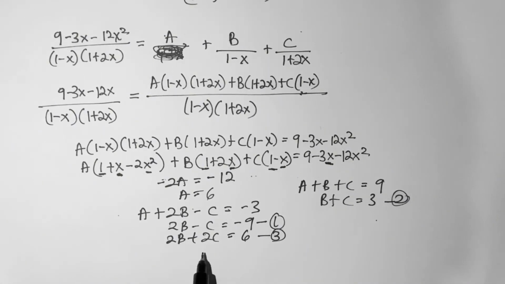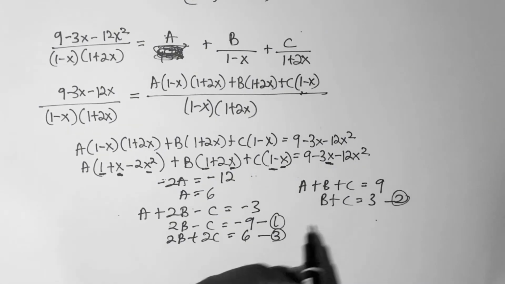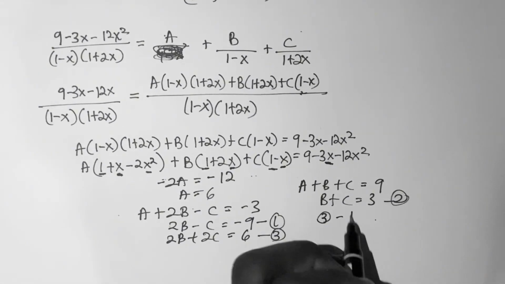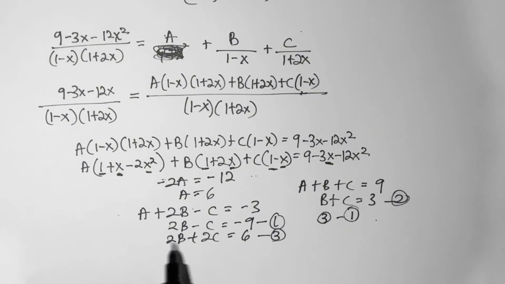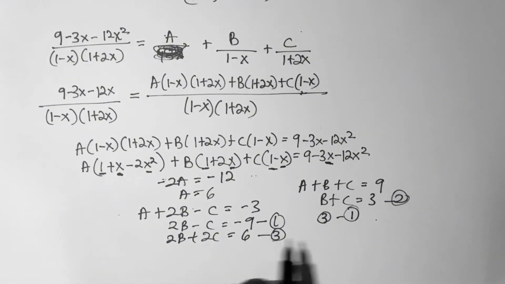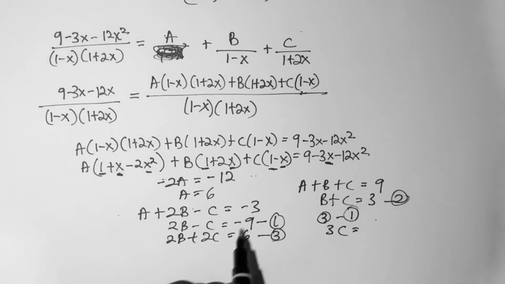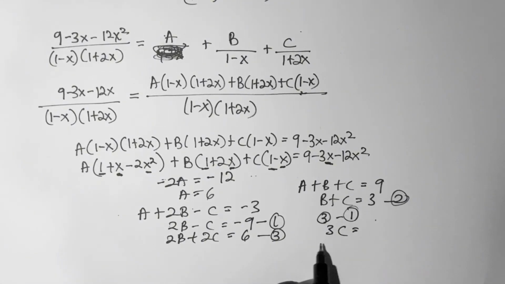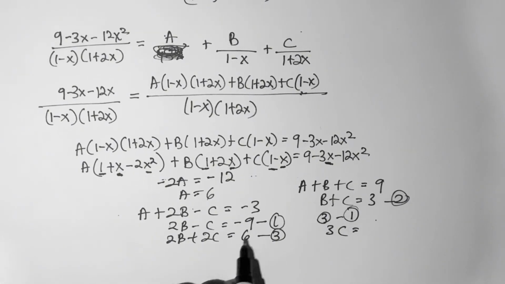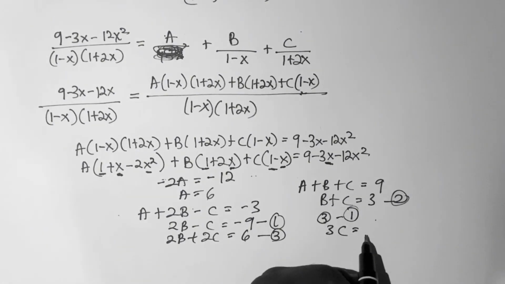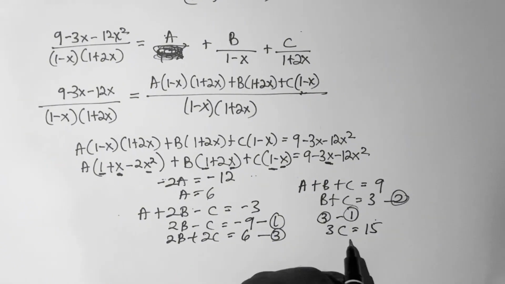Let's subtract equation 1 from equation 3. So that's equation 3 minus equation 1. So the b's will go to 0. 2c minus c will give us 3c equals 6 minus 9, which is going to give us 15, and therefore c is equal to 5.